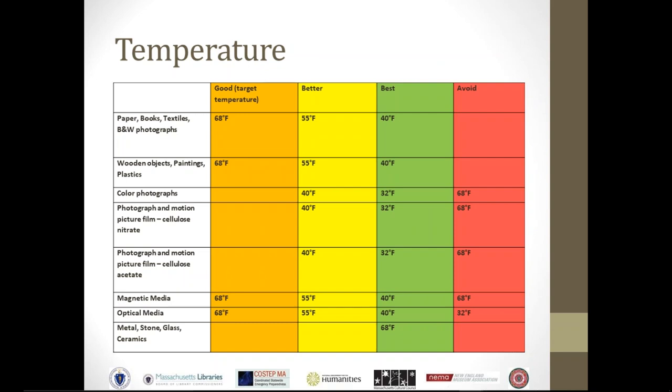And this is where we were talking about in the previous webinar, where the increase in temperature of 18 degrees Fahrenheit doubles the reaction rate. It is because those molecules are vibrating more quickly, and in their vibration and their expansion, they start to bump into other molecules, which causes different chemical reactions, which are detrimental to our collections.